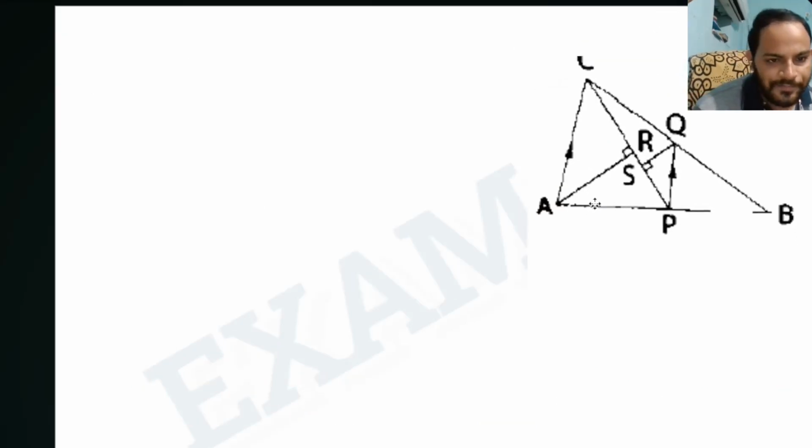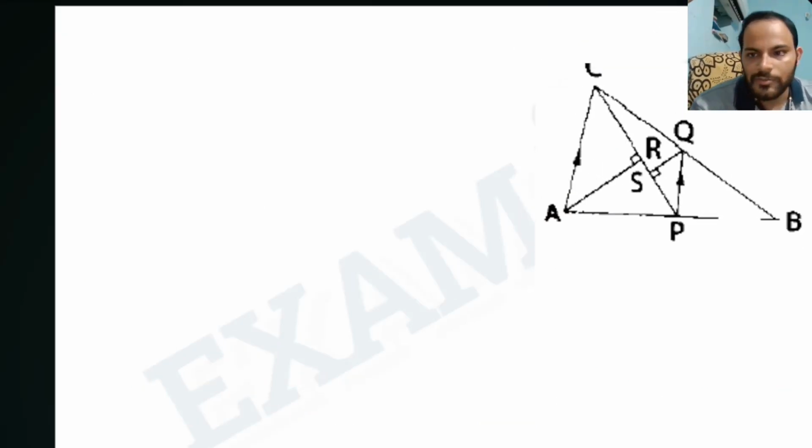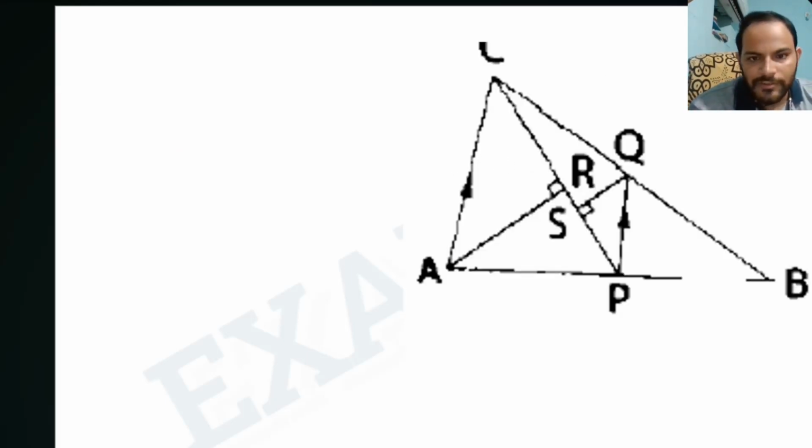We have been asked to find the value of AR. Before that, we'll make triangle ARC and triangle PSQ similar. Now, how can we do that? You can observe here that since this line is parallel to this line and this is a transversal, I can say that this angle is equal to this angle.